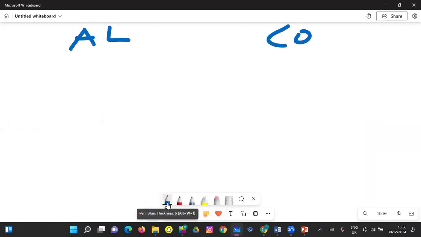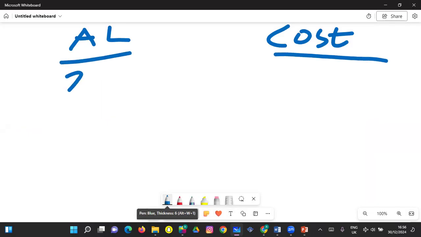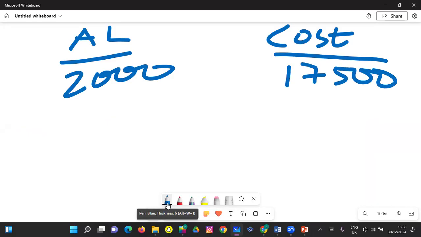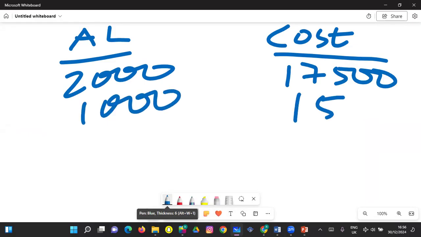So let's do this here. Let's say activity level here and then cost. Let's say 2,000, the cost is like 17,500. Then 1,000, the cost is like 15,000.